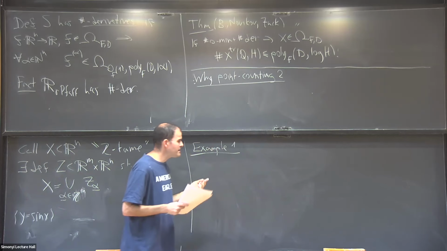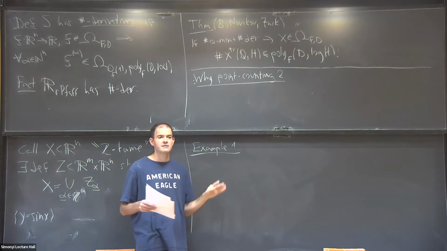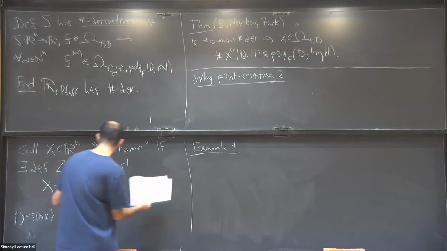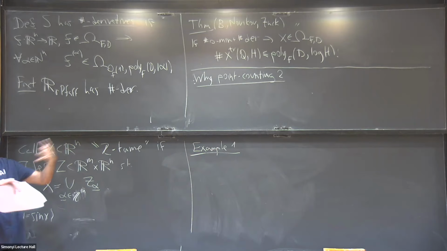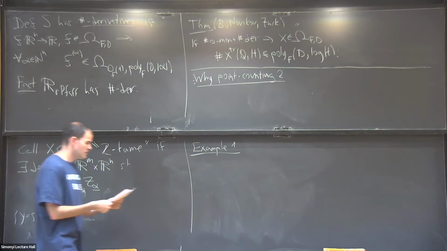In my first examples, I'm going to be thinking about just countable sets that are Z-tame. You can apply this to any set X. Let's say that X is just a countable set. You can ask which countable sets are in correspondence with integers in an O-minimal structure.